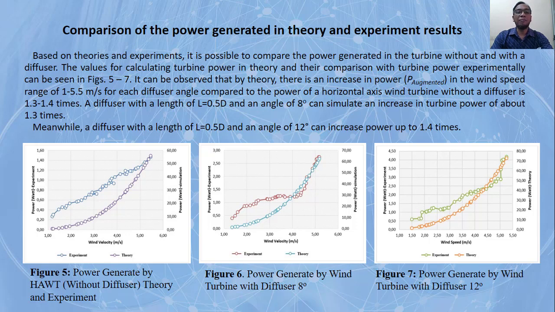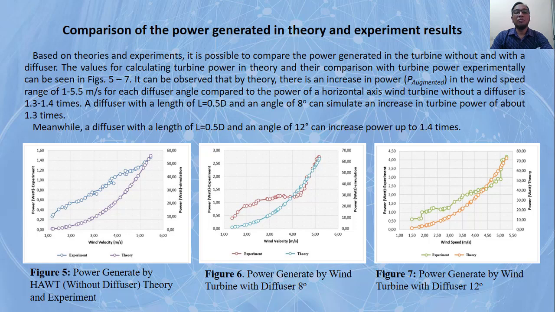In Figures 5 to 7, we can observe that by theory there is an increase in power in the wind speed range of 1 to 5.5 meters per second for each diffuser angle, compared to the power of the horizontal axis wind turbine without a diffuser, of 1.3 to 1.4 times.